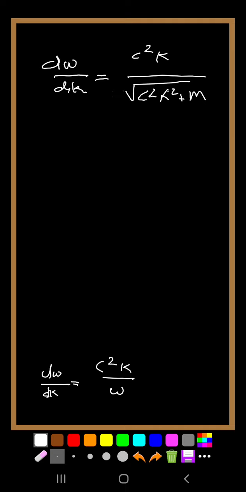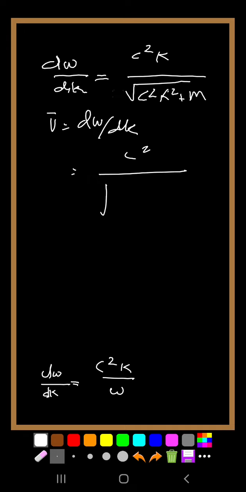So this is actually the group velocity, d omega by dk, and we can write this in this fashion. If we take k downstairs, it will be c square by root of c square plus m by k square.